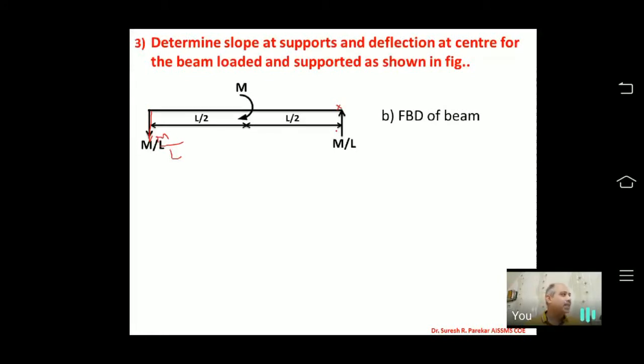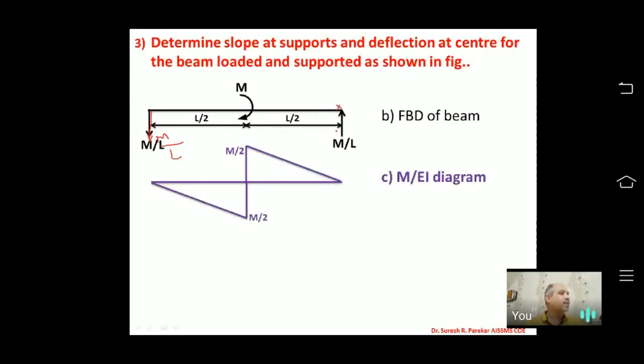Now M by EI again same. So we can have this. Now you can see M by 2. M by 2. Now this will be downward. If you take moment on this side, you have moment as anti-clockwise, and it will take the beam downward. Therefore we have downward M by L into L by 2, that will be M by 2.